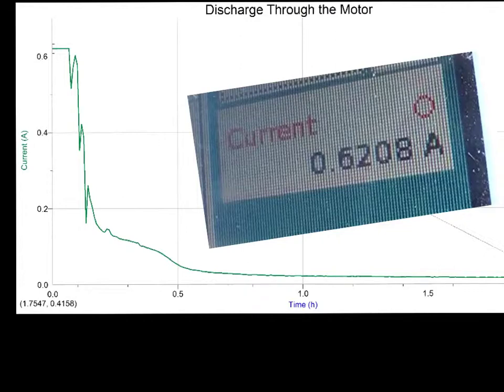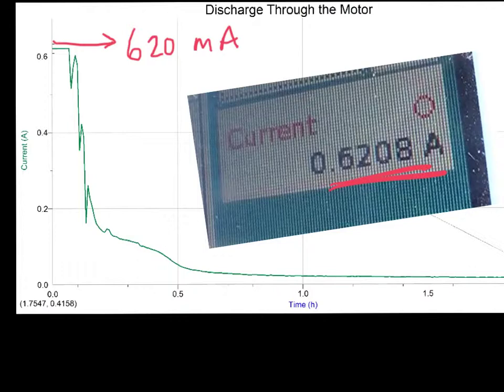At the beginning, the current is running at about 620 milliamps. That's almost 10 times greater than the current that was used to charge the batteries. So we expect really that the batteries are going to discharge much quicker than it was to charge.